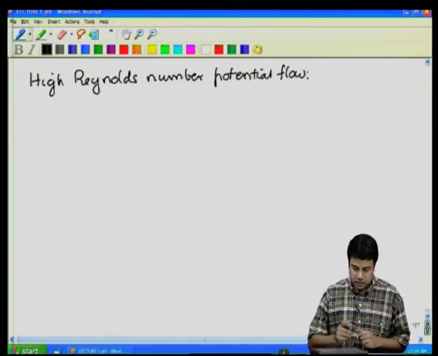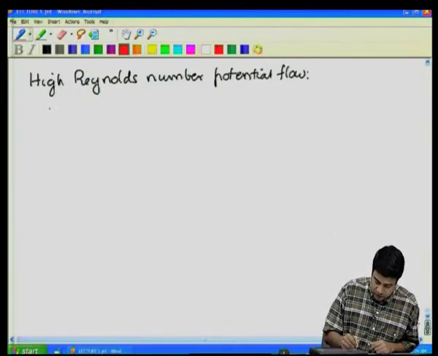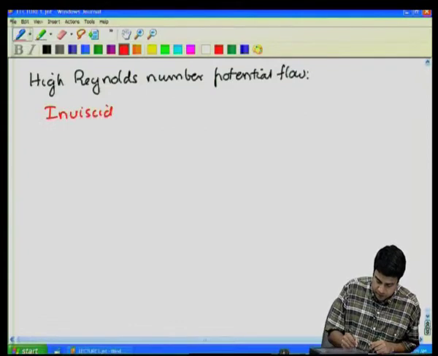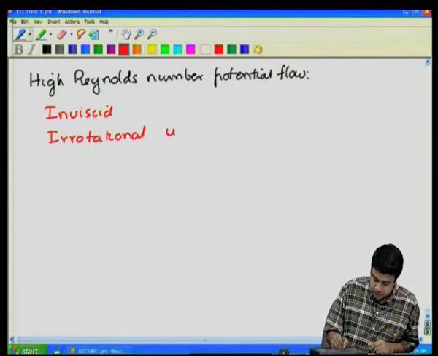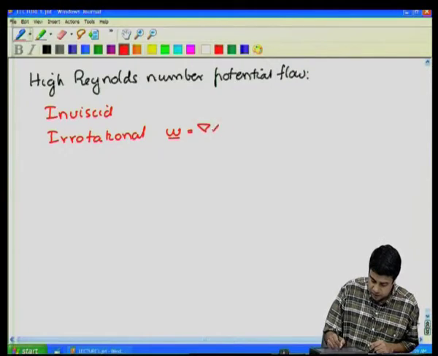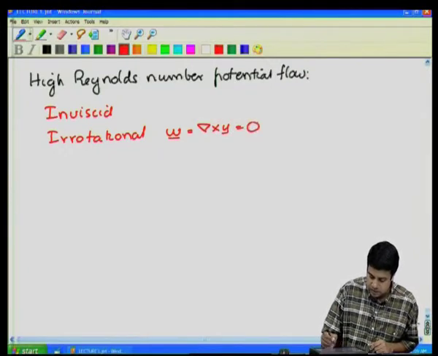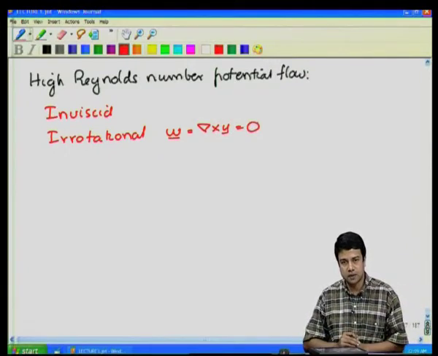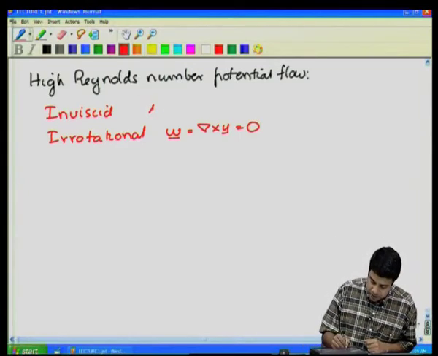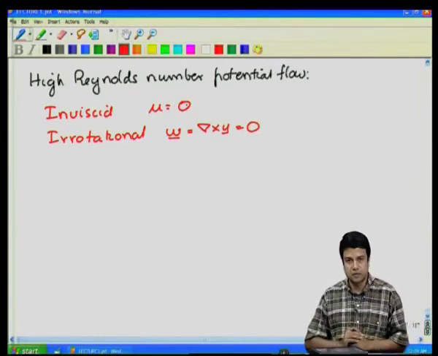There are 2 requirements for potential flow, one is inviscid and the other is irrotational. Irrotational implies that the vorticity, which is del cross u, is equal to 0 everywhere within the fluid, and inviscid means you are setting the viscosity equal to 0.